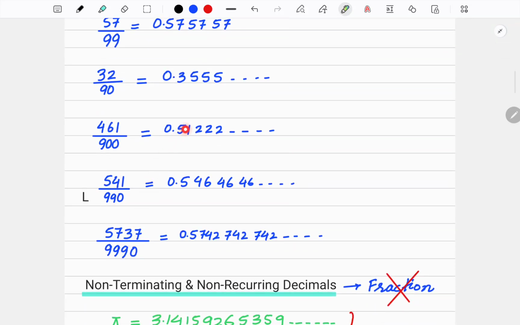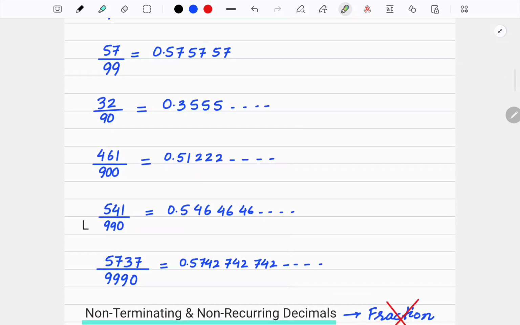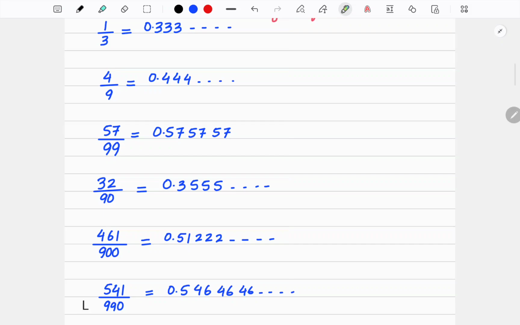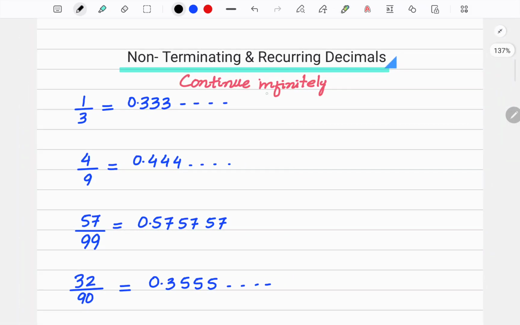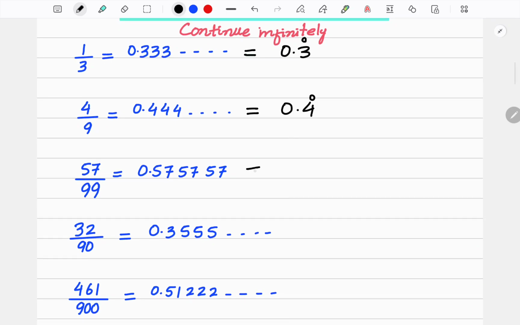Likewise, we have more recurring decimal fractions. Just for simplicity, we will write 0.3333 as 0.3 with a dot over the 3, as 3 is repeating. And 0.444 can be written as 0.4 with a dot.